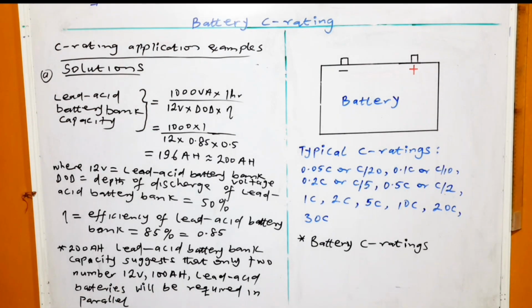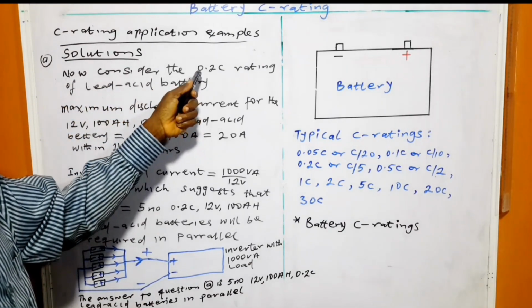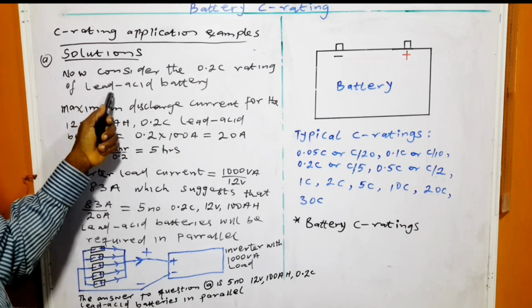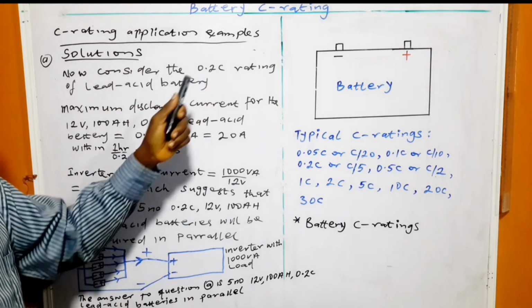This is not the final answer, so we'll see what the final answer will be when we apply the C rating factor. Now consider the 0.2 C rating of the lead acid battery. This is the C rating.